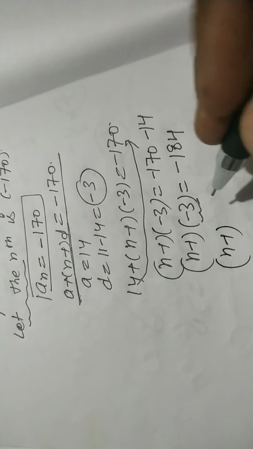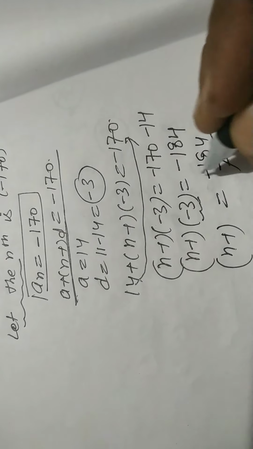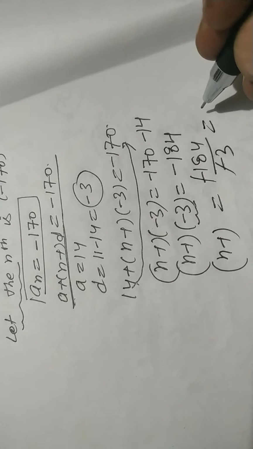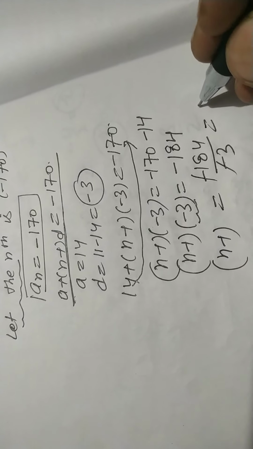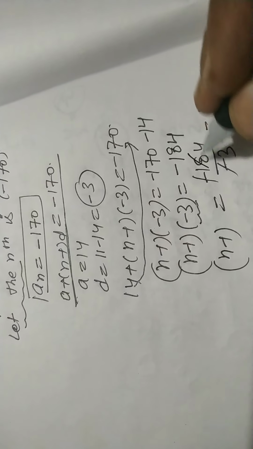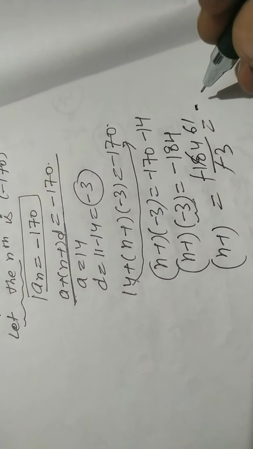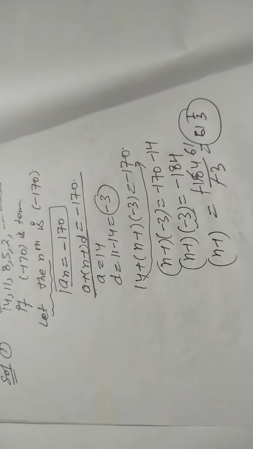We get minus 184 upon minus 3. Minus minus cancel out. This is 61 1 upon 3.